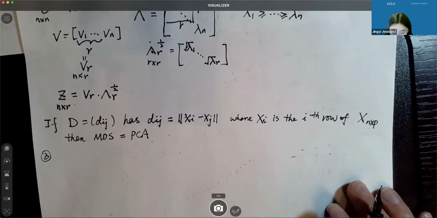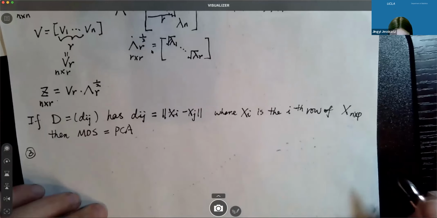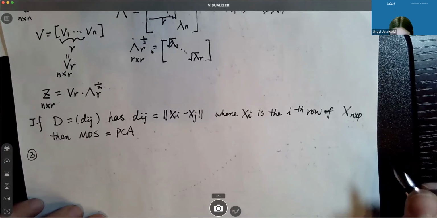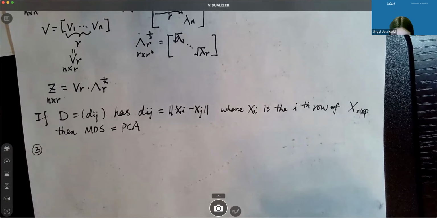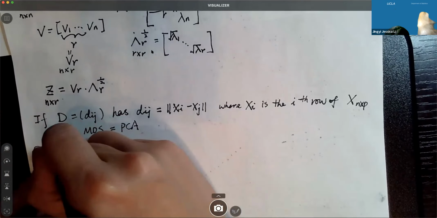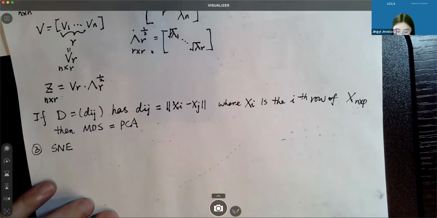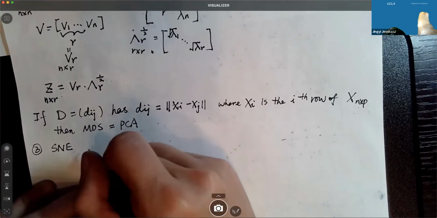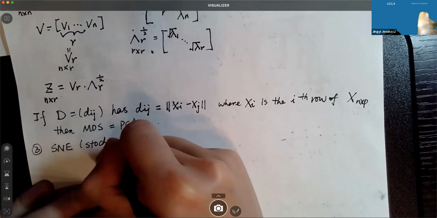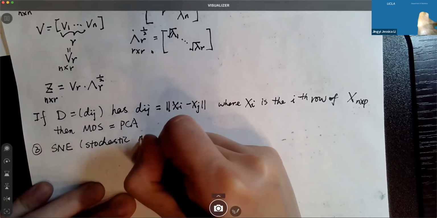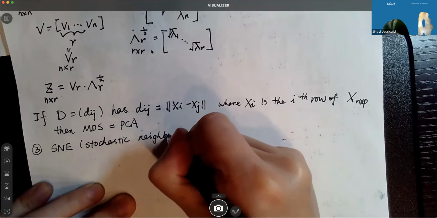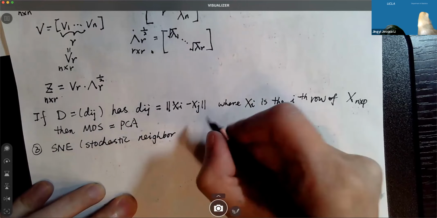method. So before I talk about t-SNE, I will talk about what the first version is called, SNE. What it stands for is stochastic neighbor embedding.